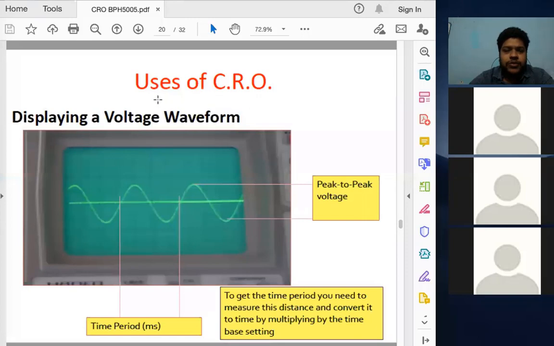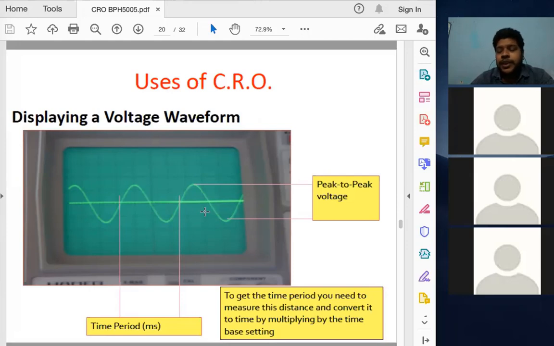If you want to measure voltage, you see this peak to peak voltage. You know the position of this wave and what its peak to peak is, from the lower peak to the higher peak, and then you can tell how many blocks it is covering.